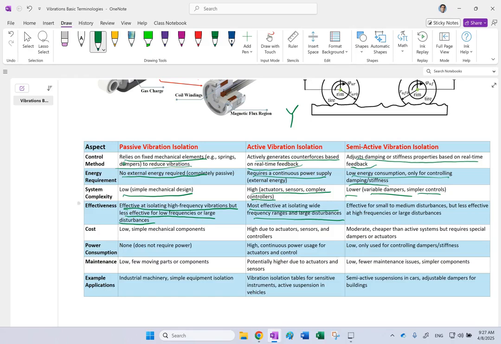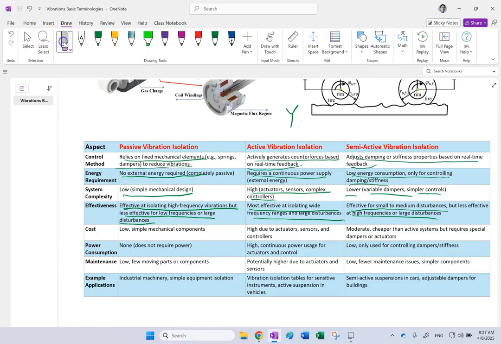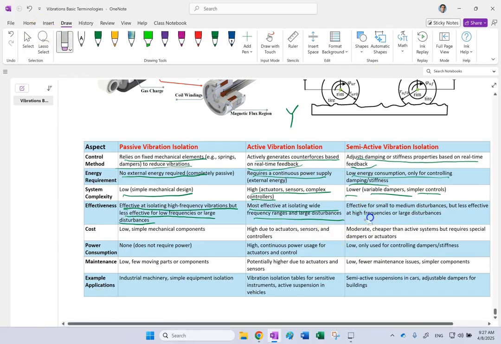And semi-active ones are good for small to moderate disturbances. When the disturbance is very large, then they cannot do a great job. And again, here, this should be mostly low frequencies or large disturbances.